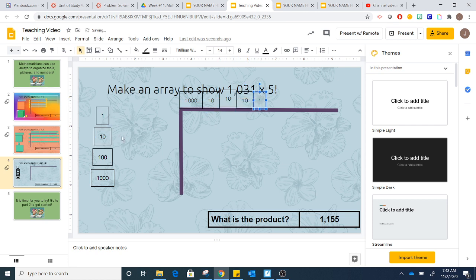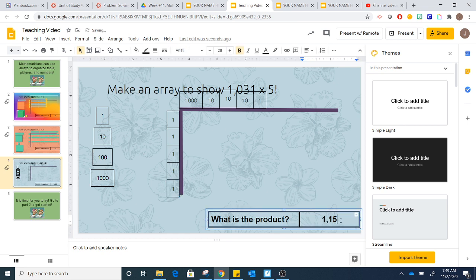So I've got 1,031, and I'm multiplying by 5, so I need 5 ones.